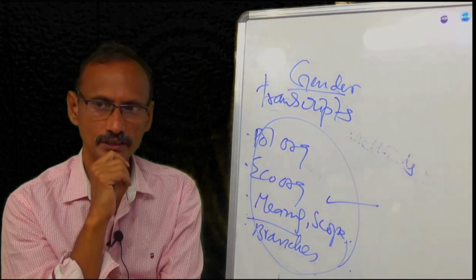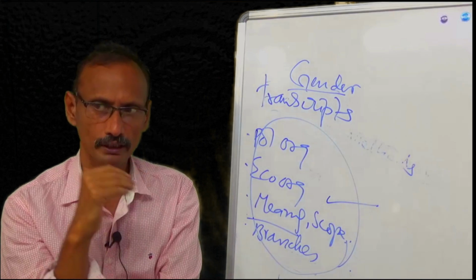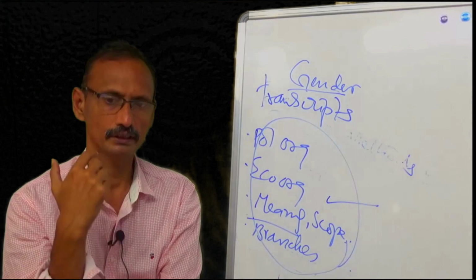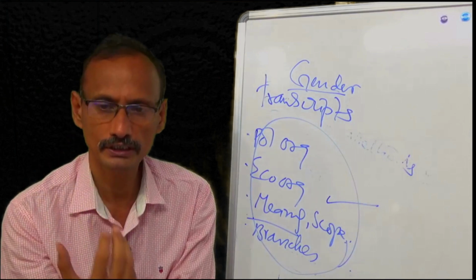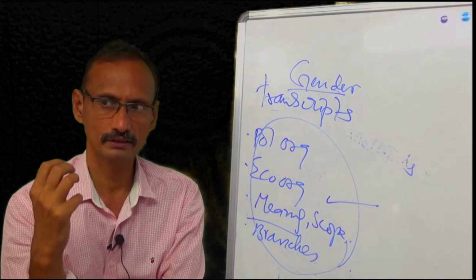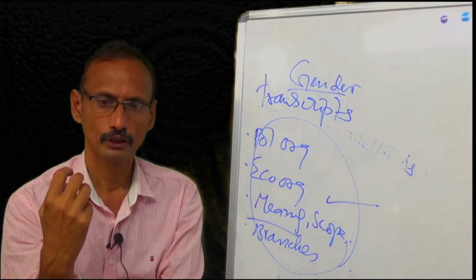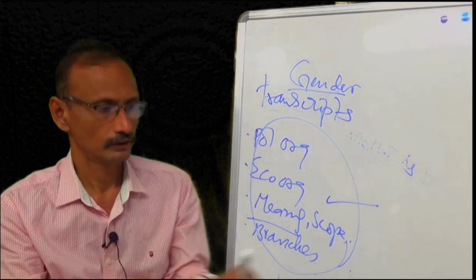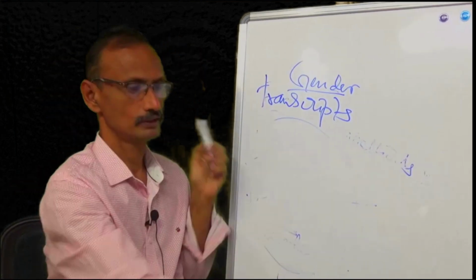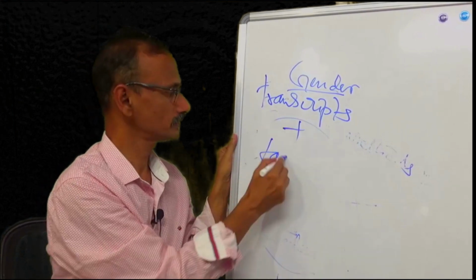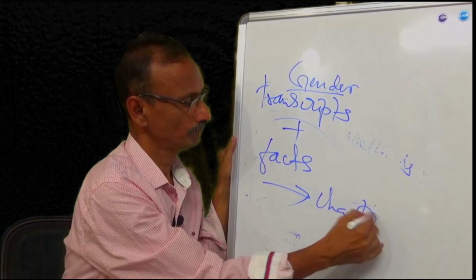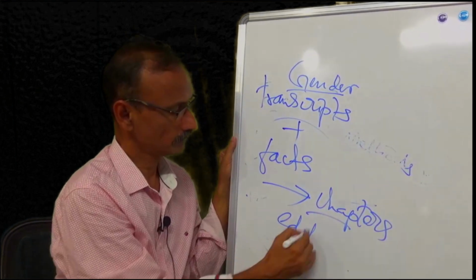After my lectures are transcribed, I go through the material. I also give certain class sheets to the students, and there are some facts in those sheets. So I add certain facts to these transcripts. Transcripts plus facts become final chapters, and these are edited.